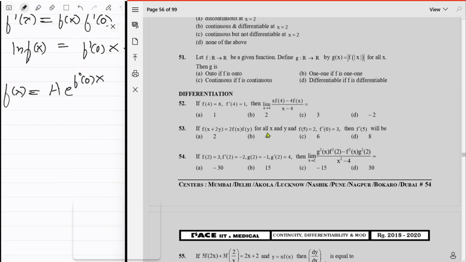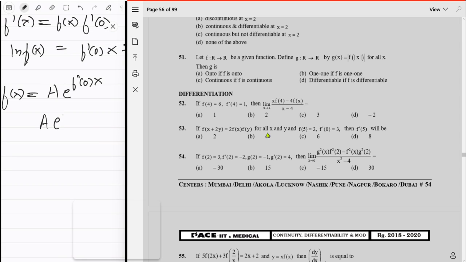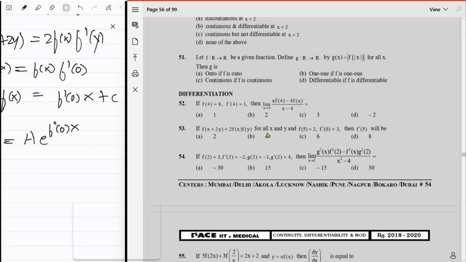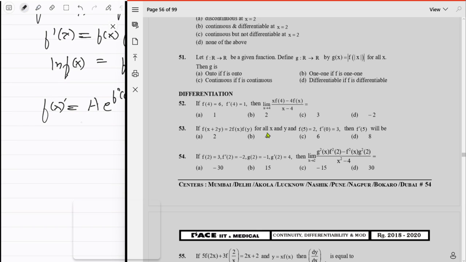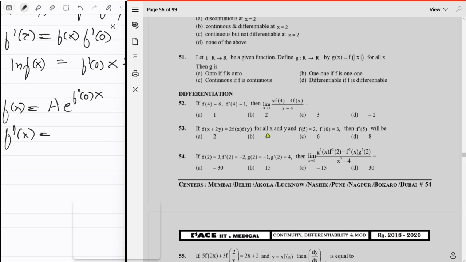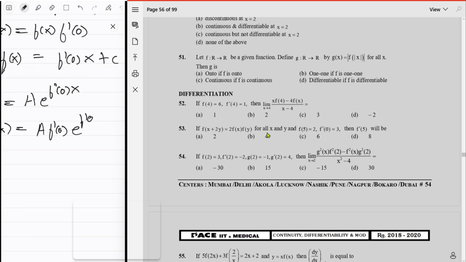Let's write it like this: a e power ax or something. Doesn't look good actually. So a should be 1, because when you take the derivative, f dash of x will become a f dash of 0 times e power f dash of 0 times x.